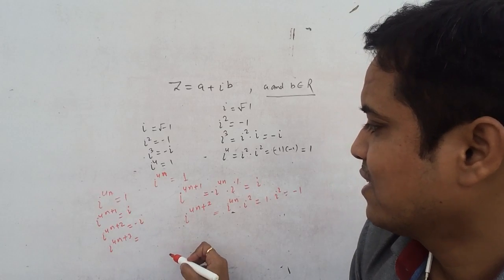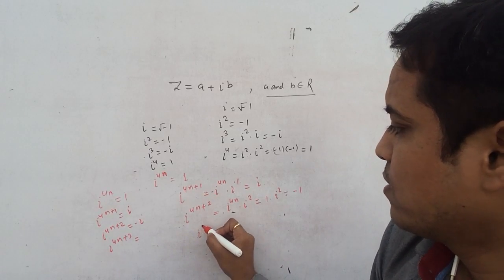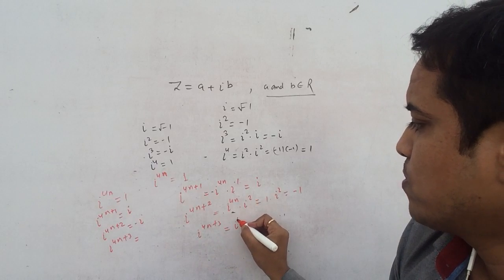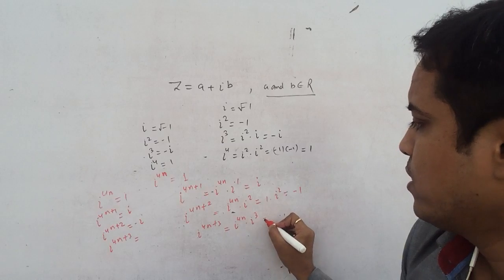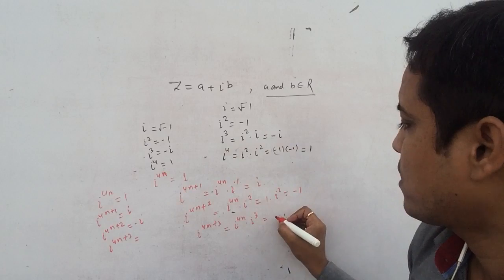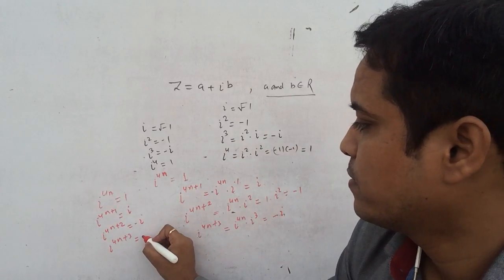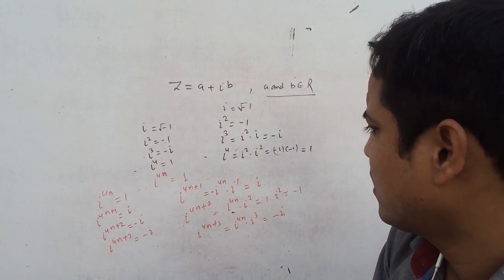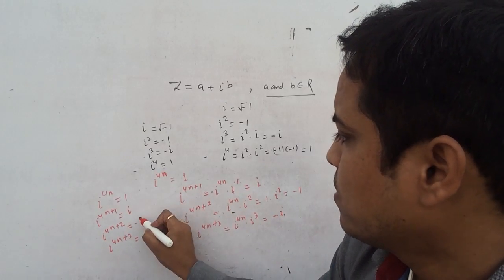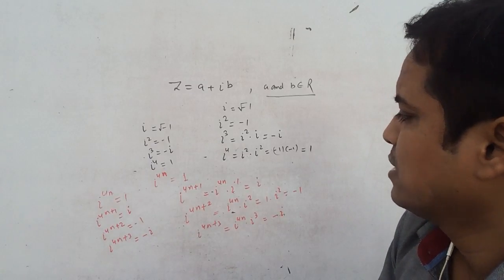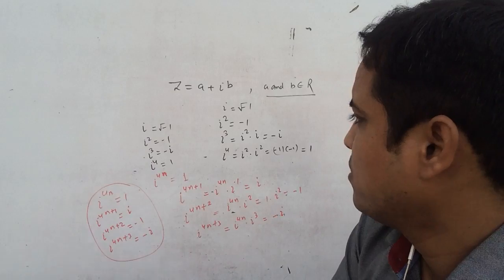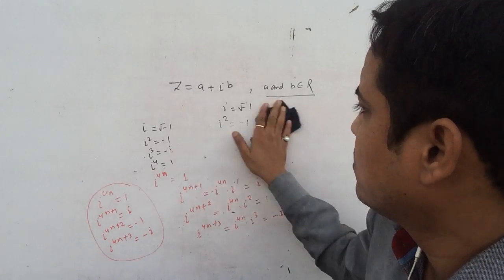It is i raised to power 4n into i cube. i raised to power 4n equals 1, and the value of i cube is minus iota, so it would be minus iota. Oh no, I think the earlier one is wrong: 4n plus 2 is minus 1, and this one is minus iota. We would use these properties in the equation.